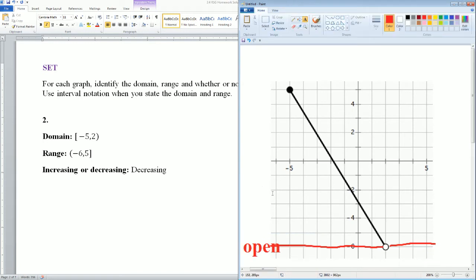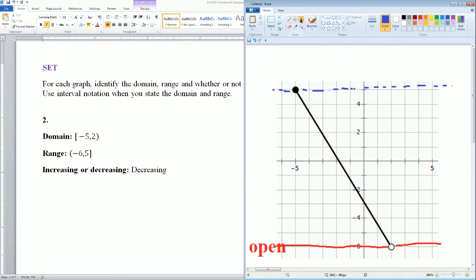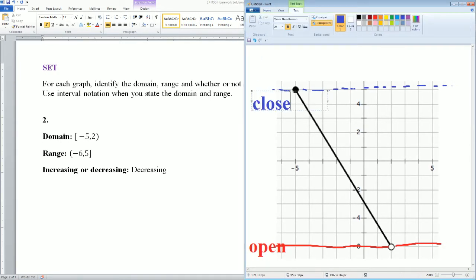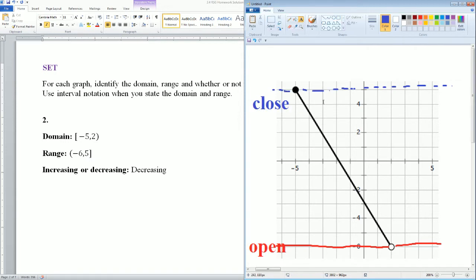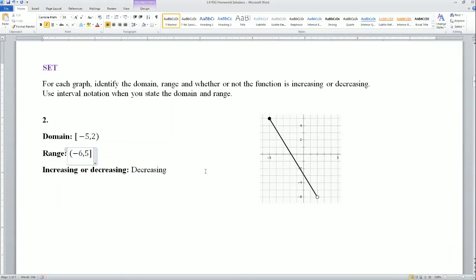Alright, it is open at -6, and then it looks like it is closed here at 5. So open bracket -6 comma 5, close it. And it looks like it is going from left to right, it is going down. Alright, that's how we do that one.